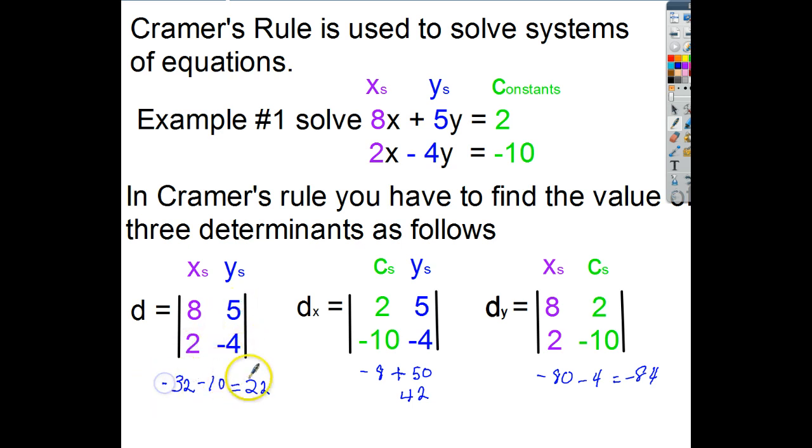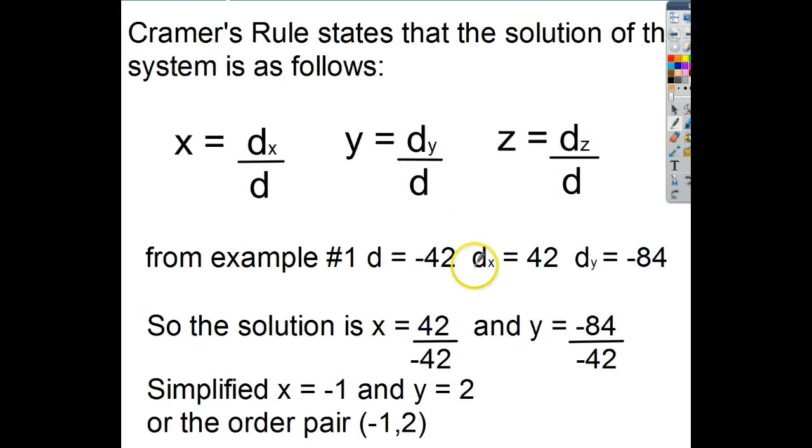Negative 32 minus 10 is a negative 42, okay? I just caught that error. All right, so D is negative 42, D sub x is 42, and D sub y is 84. So we set our answers up. X is equal to the D sub x answer, 42, over the D answer, negative 42.